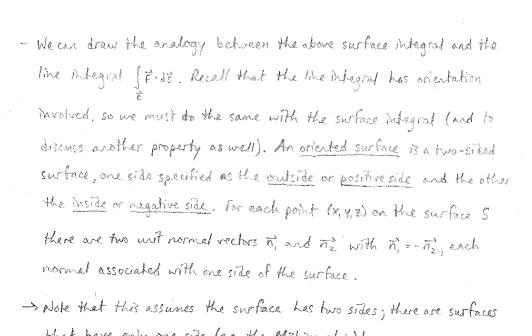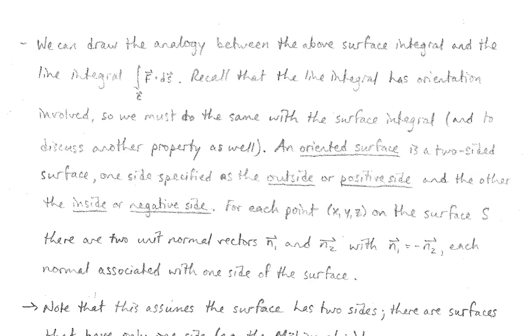We can call these things n1 hat and n2 hat, and n1 hat is going to be the negative of n2 hat, and also vice versa. So each of these n1 and n2, they're each associated with one side of our surface.